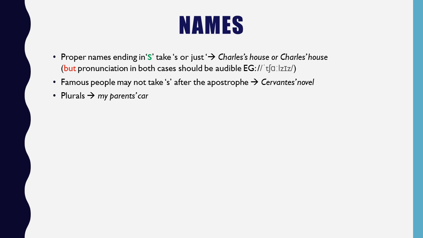When you have plurals, you may say my parents' car without writing the S after the apostrophe. Irregular plurals take apostrophe S. For example, when you say children's room.